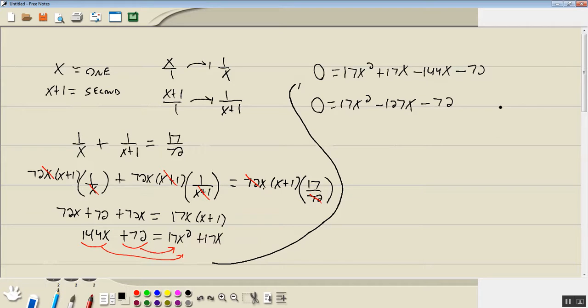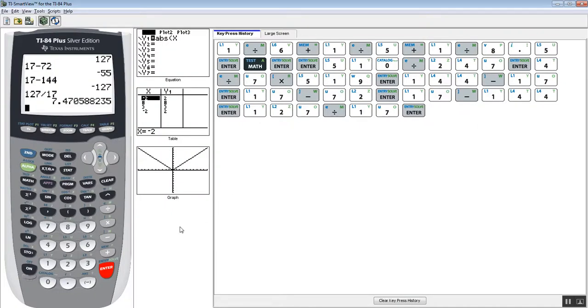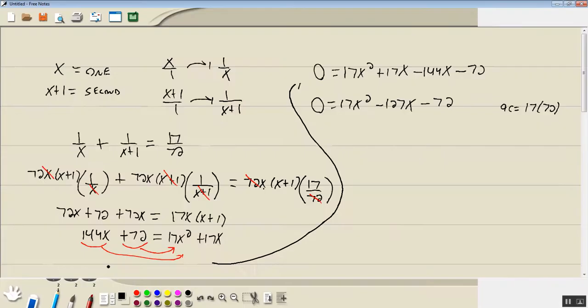What a horrible problem. 17 times 72. That gives us 1,224.